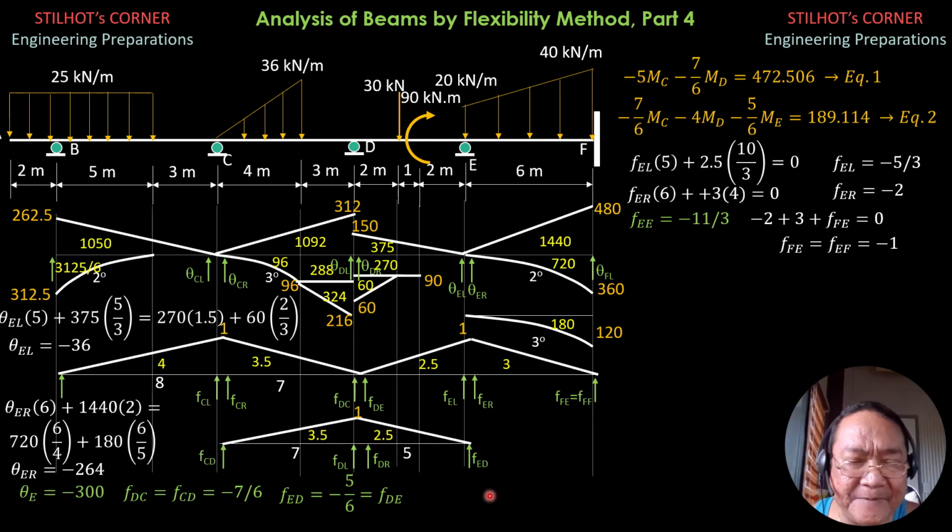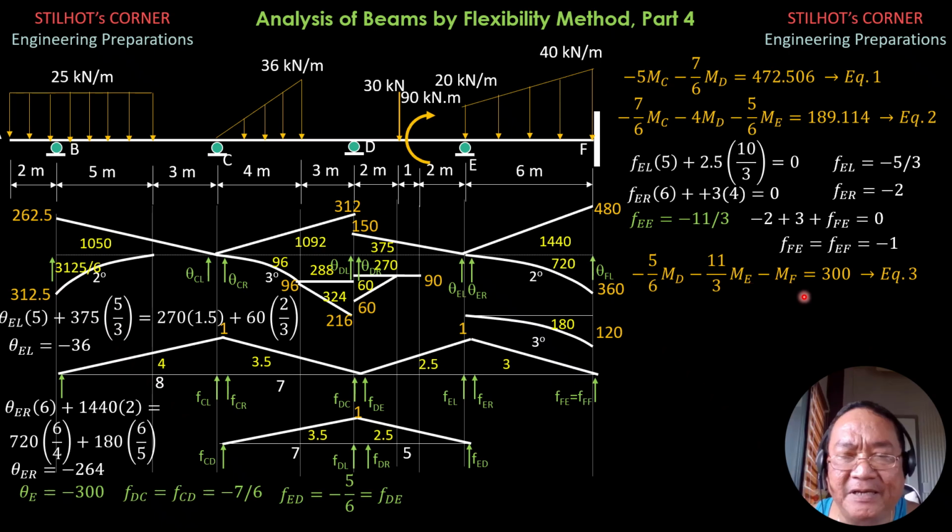So again, negative 5/6 times moment at D, plus negative 11/3 moment at E, plus negative 1 moment at F equals 300. Call that equation 3.